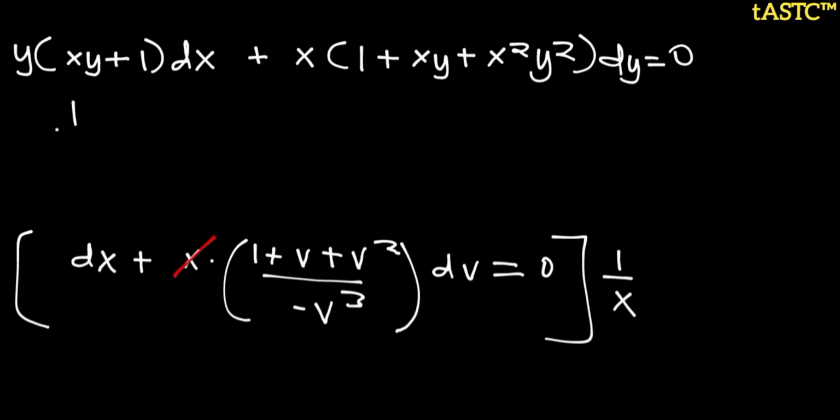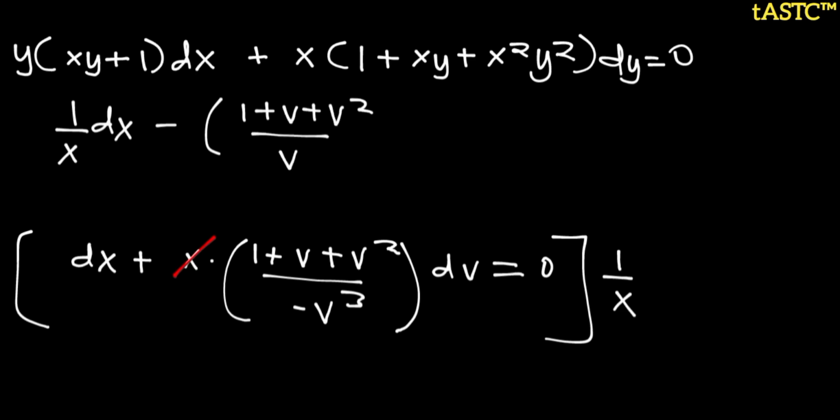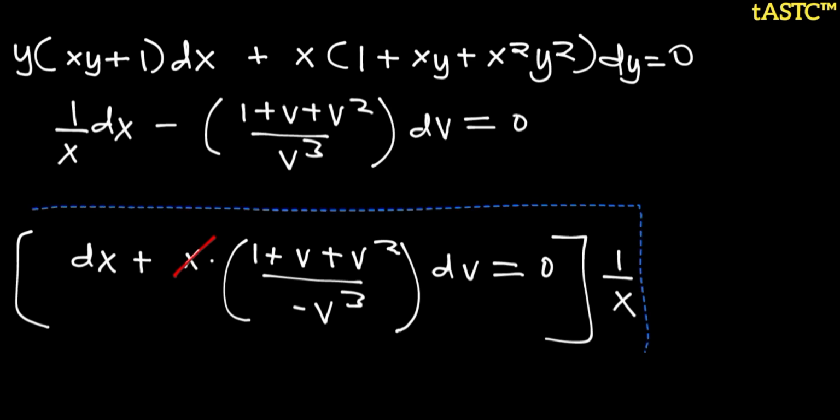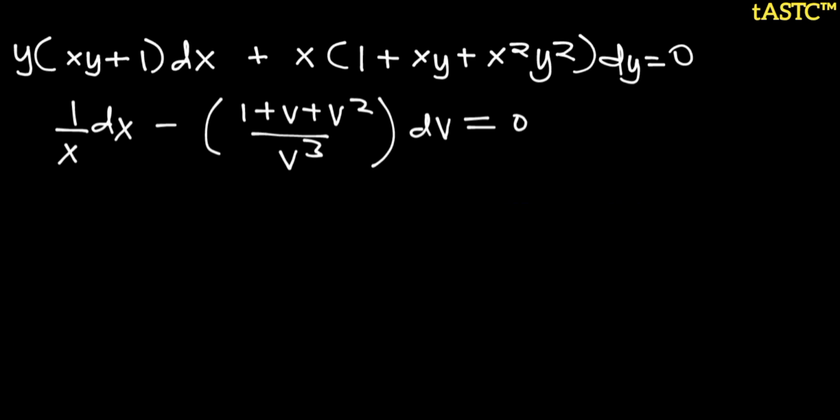That will be 1 divided by x, so this should be x, and this is dx. Here now we're going to have a minus, 1 plus v squared divided by v cubed. Notice we had a negative override the plus, and that created a negative there. And so you're going to have a dv here, and this will be a 0. So that is what you have there.